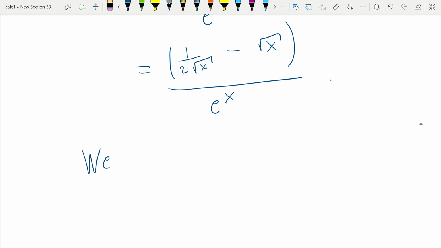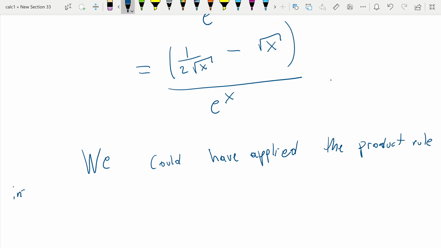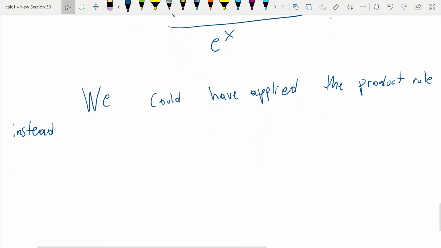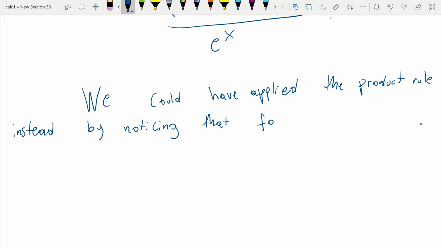We could have also applied the product rule instead, by noticing that for this problem f of x is a product.